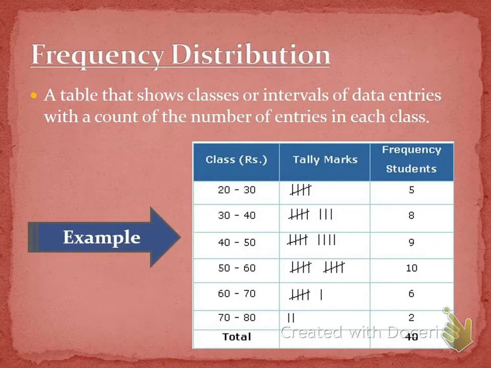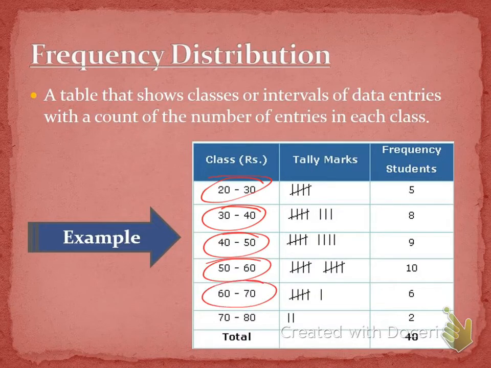And so in whatever data this frequency distribution is supposed to be showing us, they've created some intervals here that go from 20 to 30, 30 to 40, 40 to 50, 50 to 60, 60 to 70, 70 to 80. And then they just took the raw data, the actual individual numbers that we got from our data, and started figuring out how often a data piece fell into those intervals.